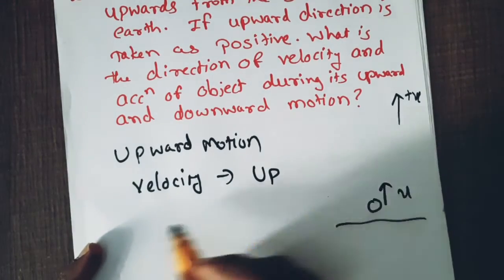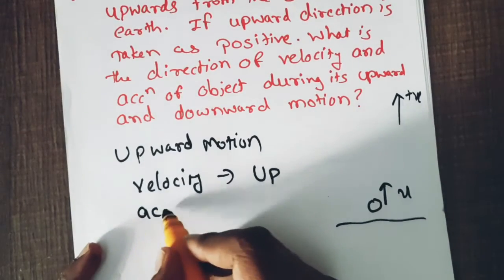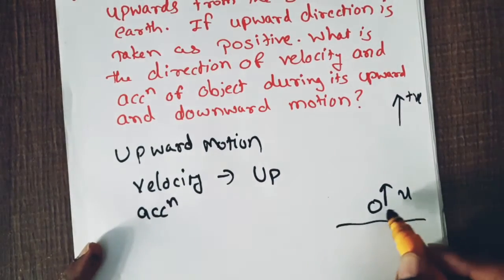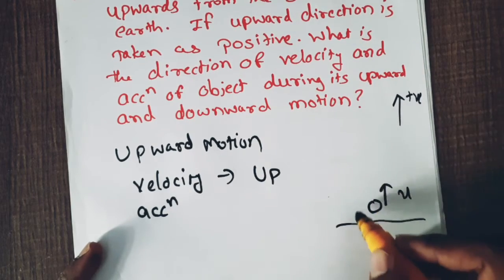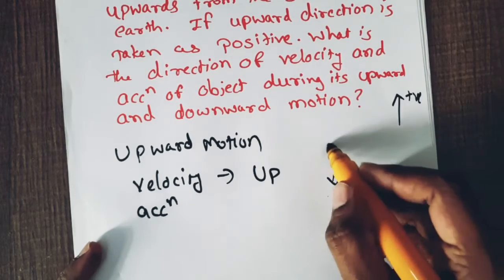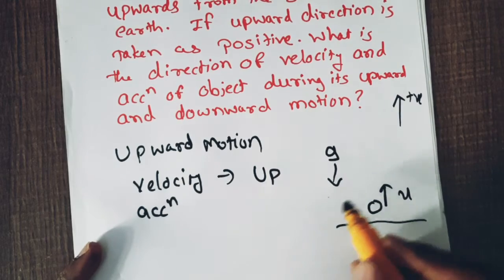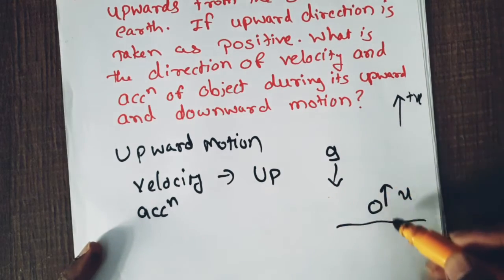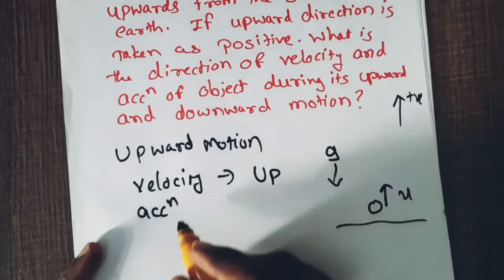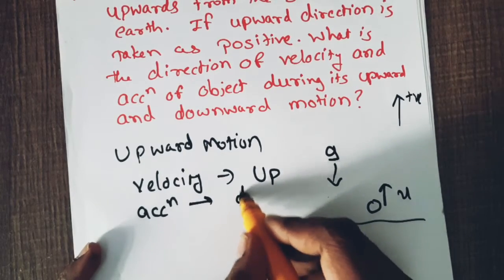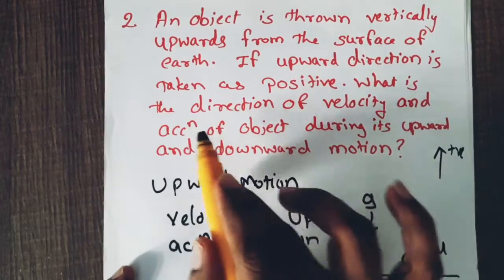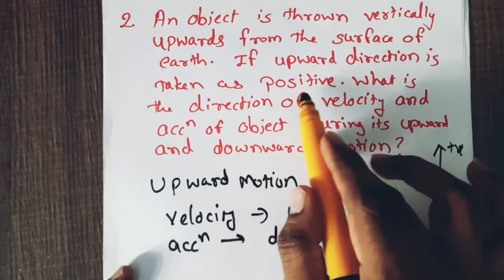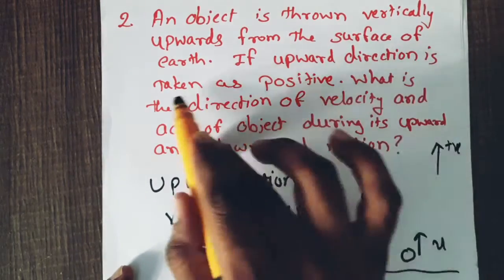And what about acceleration? Since this object is moving under the action of gravity, and gravity always acts downwards, acceleration due to gravity g is always downwards during this kind of motion. So acceleration is downwards. So we have defined the direction of acceleration, with upward direction taken as positive.